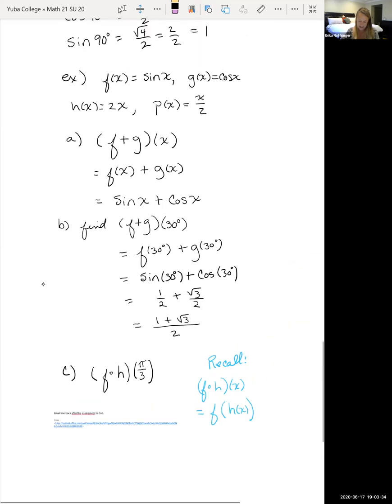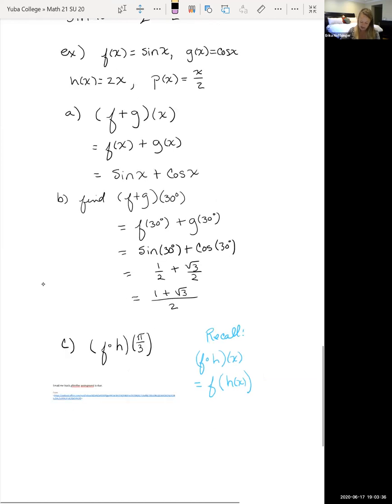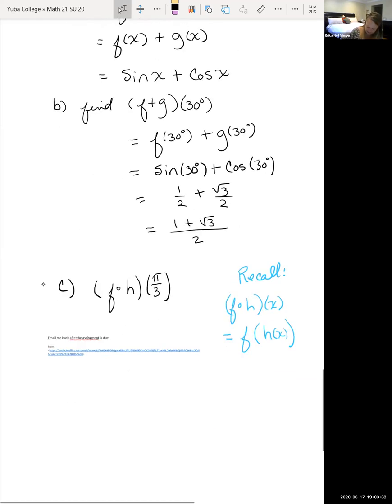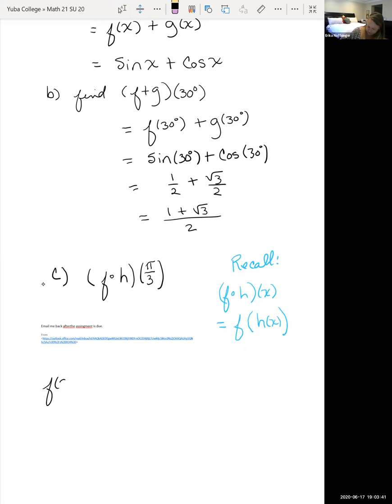Sorry, f of x is sine of x and h of x is 2x. F of x is equal to sine of x and h of x is equal to 2x.